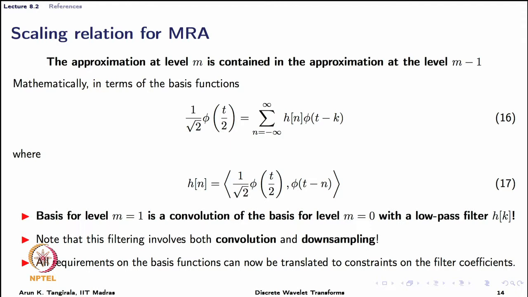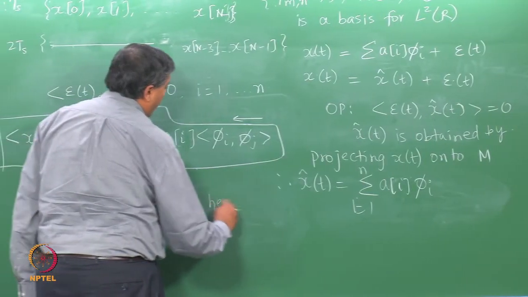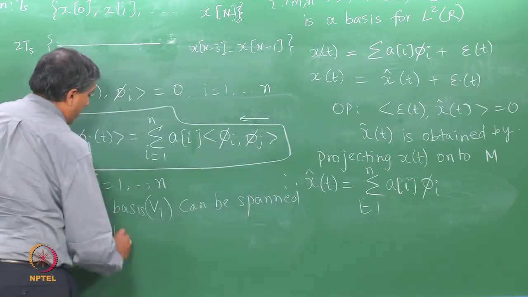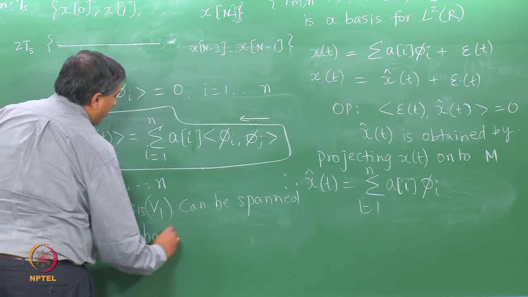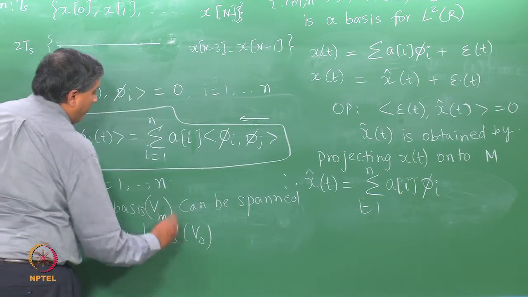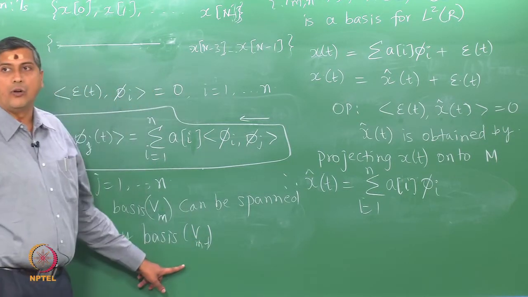What the statement essentially means is that the basis functions for V1 can be spanned by basis functions for V0. In general, the basis for Vm can be spanned by the basis for Vm minus 1.